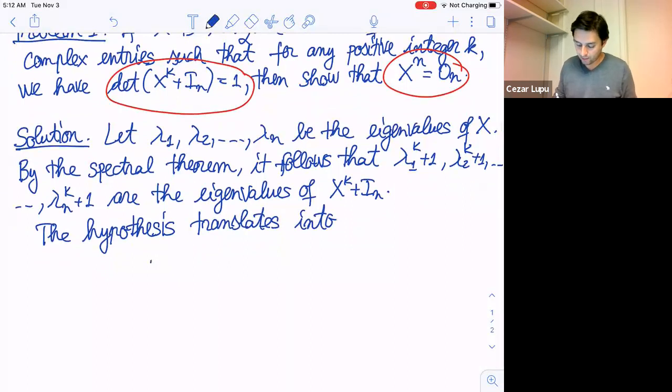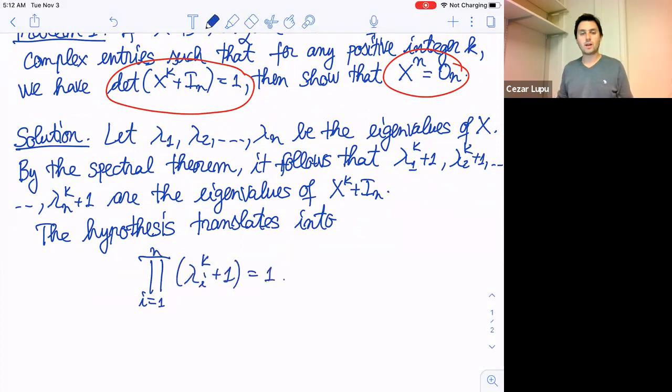I'm going to write it in this way: the product over i from 1 to n of lambda i to the power k plus 1 is 1. This is how we translate the condition, because you know that the determinant is nothing else than the product of the eigenvalues. So, okay. And now, let's see, what can we do?